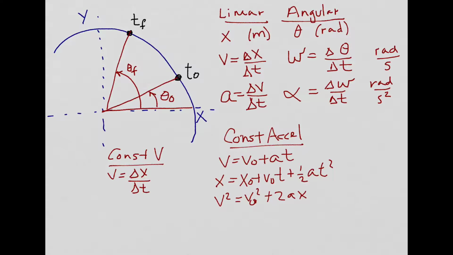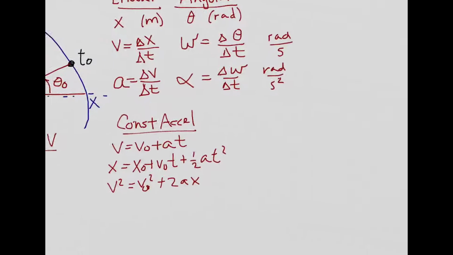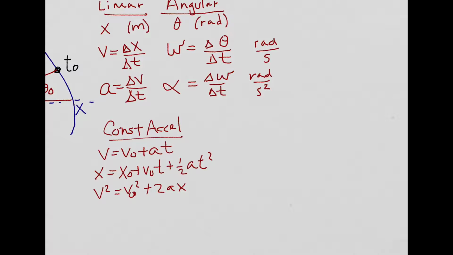Each of these has a corresponding angular rotational equation, so we'll just do a translation here. My angular velocity equals my initial angular velocity plus the angular acceleration times t.